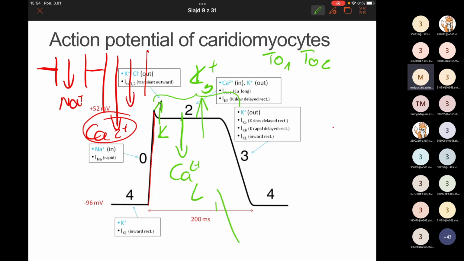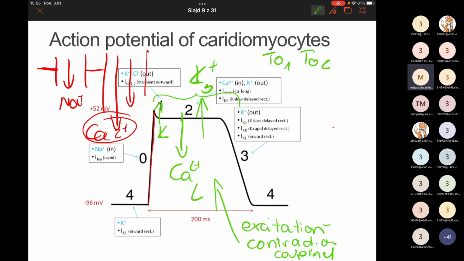So phase 2, the plateau phase, is the time of the action potential when excitation-contraction coupling occurs. So the amount of the contraction force basically depends on the amount of calcium ions which flow into the cell through the L-type calcium channels.